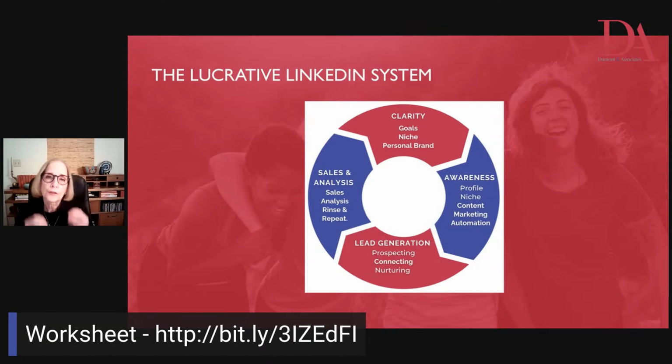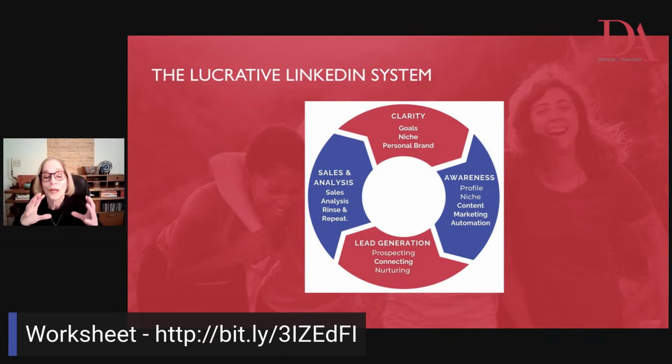Okay. The third stage is lead generation. Now, lead generation is kind of the heart of the decision. Your profile comes before that, because everything you do in lead generation or content marketing is going to cause people to go to your profile and look at it.